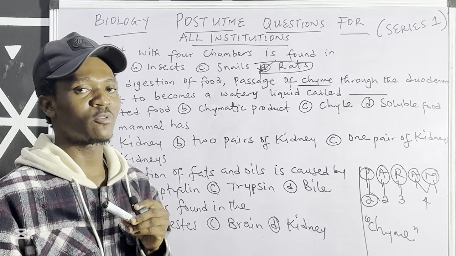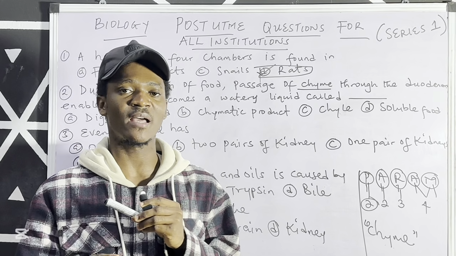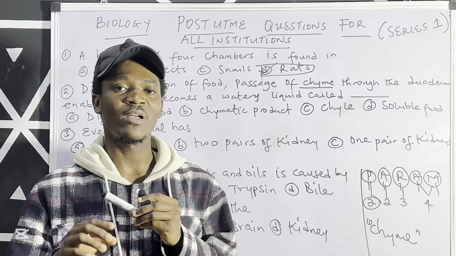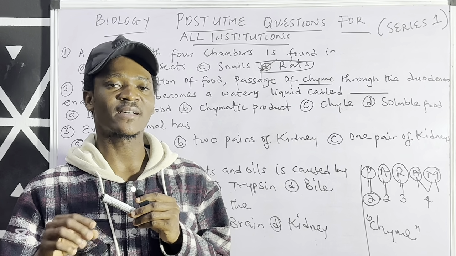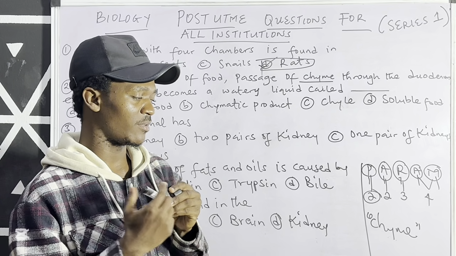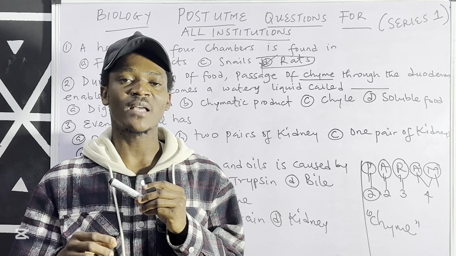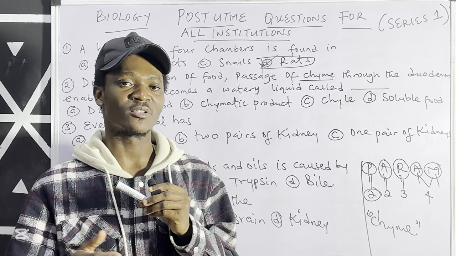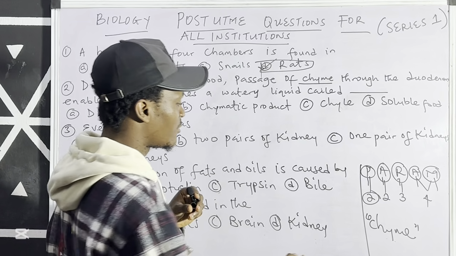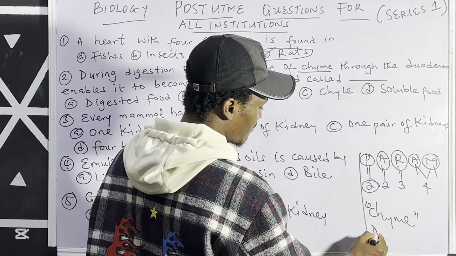If you have watched my video lesson on digestion, there was something I made reference to, that when food enters into the stomach, when it is there, it is called chyme, the one you see written on the board there. But as soon as the food leaves the stomach and then enters into the small intestine, of course, if you have watched the video lesson, I told you guys that in the small intestine, there are three different divisions.